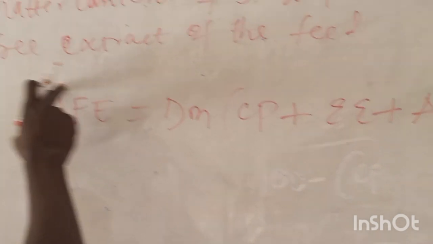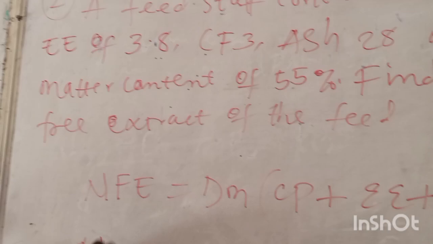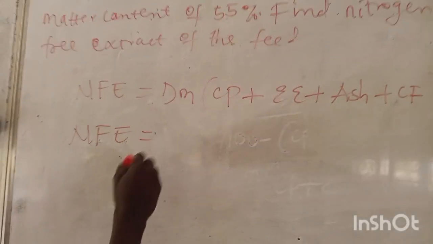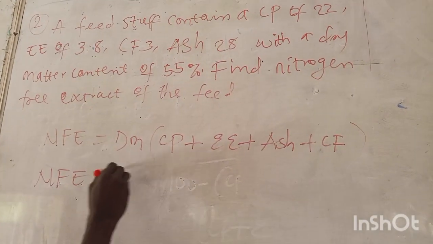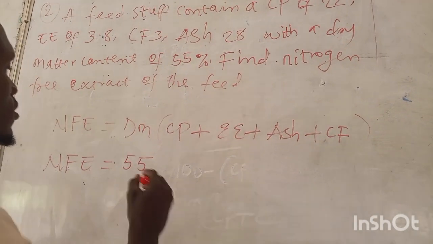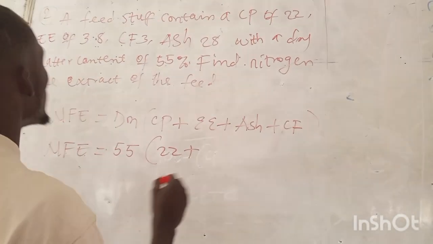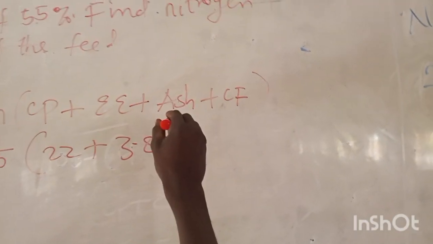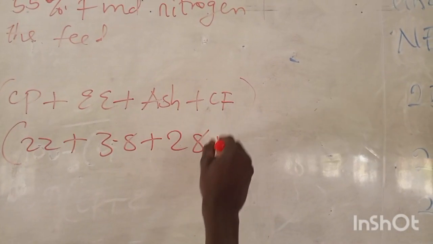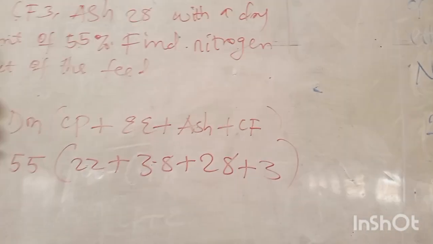They say you should find the nitrogen free extract. That simply means NFE is equal to the dry matter content, which is 55, open bracket, our CP is 22 plus the ether extract of 3.8 plus the ash, which is 28, and the crude fiber of 3, close bracket.